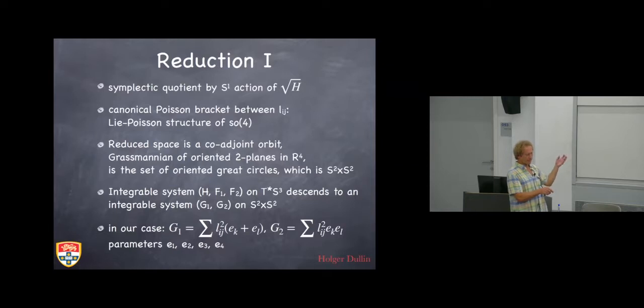So everything is written in invariants, and I get a downstairs system. And here they are, G1 and G2. These are the two commuting functions. So you could just start at this point and say, start with the Lie-Poisson structure on SO4, write down these two functions and check that they commute in that bracket. That's my integrable system. And it depends on 4 parameters, E1, 2, 3, 4.